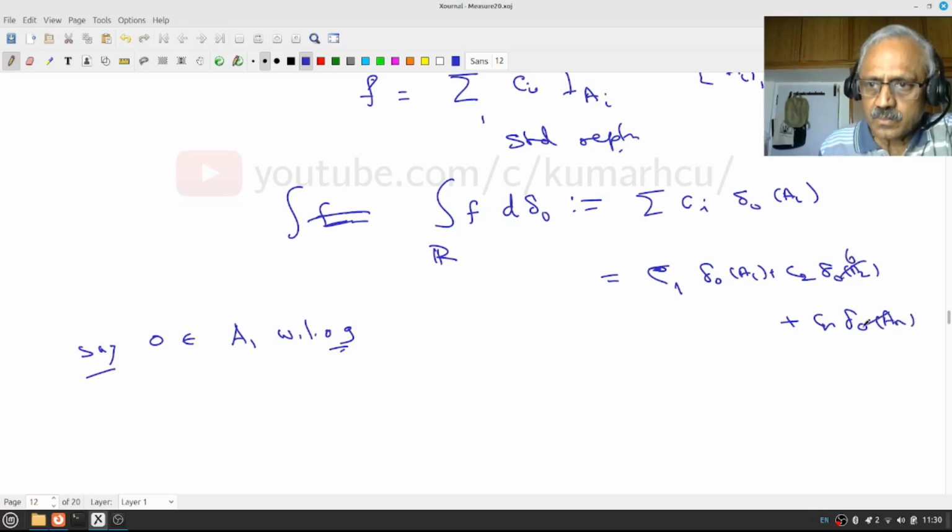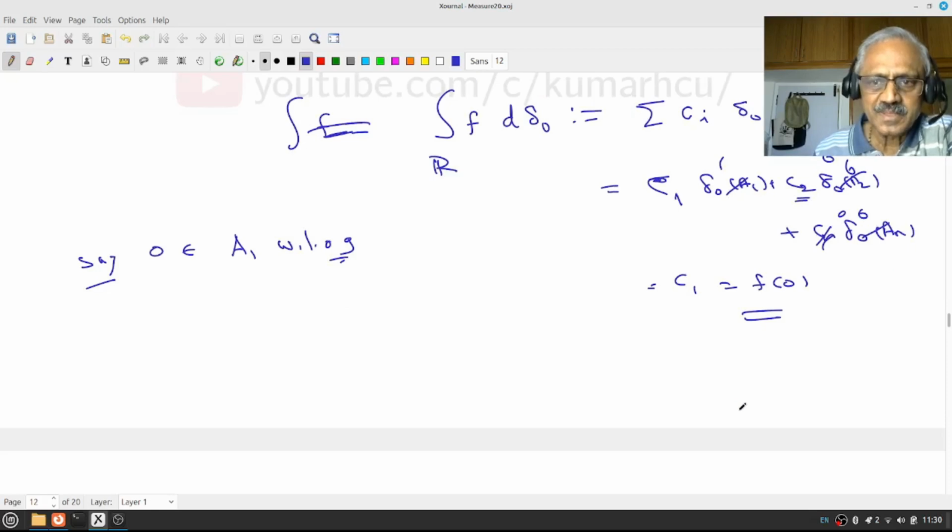But these are all 0. By our convention, this could be the extended real number system, they could even be infinite, but I don't have to worry about that. These are all 0. This is 1. Therefore, it's nothing other than C1. But what is C1? C1 is nothing other than f of 0.